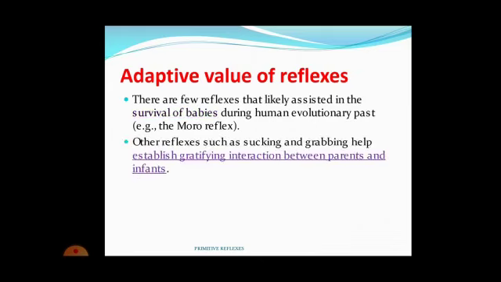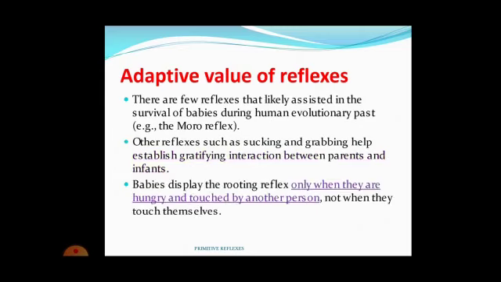Other reflexes are for development of proper interaction between the parents and child, for example sucking and grabbing reflexes. They develop communication and interaction between parents and child. Particular reflexes are also dedicated, with a specialized type of response. For example, in the rooting reflex, if the baby touches himself, the reflex will not happen.